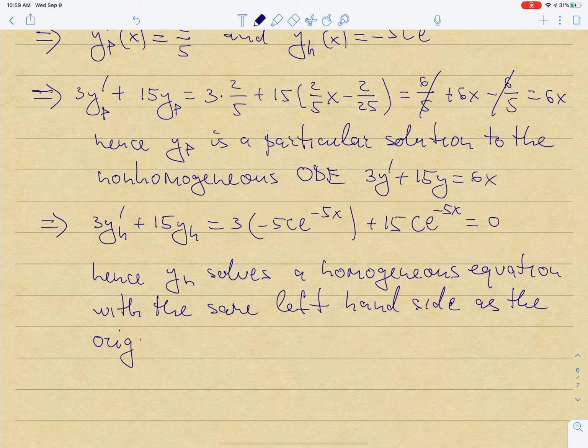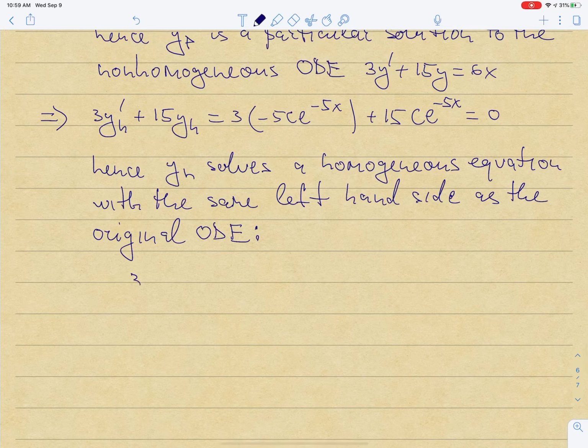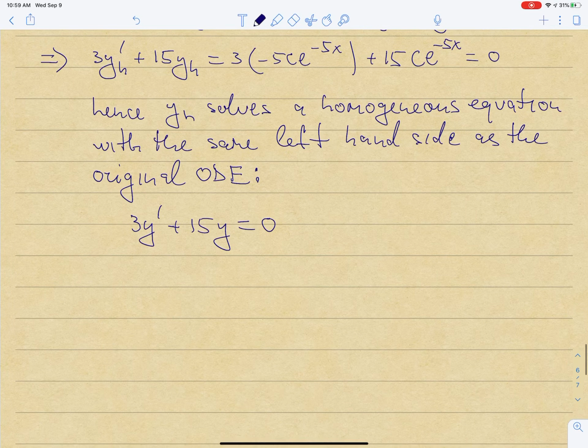All right, and the left-hand side of the original ODE was 3y prime plus 15y, but right now it is a homogeneous equation. So this is equal to 0. So then we conclude that the way the solution of our linear ODE looks like is this.